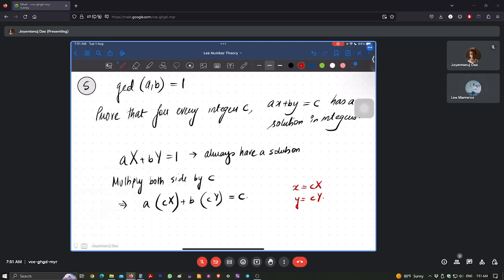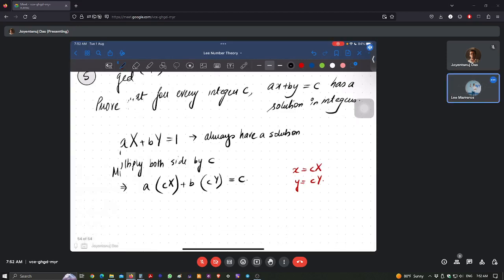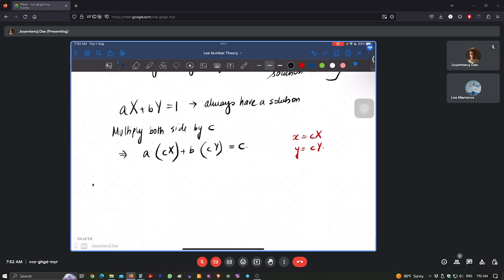So this is fine. Right. So now using this property, they are asking to find a solution to 37x plus 47y equals 103.